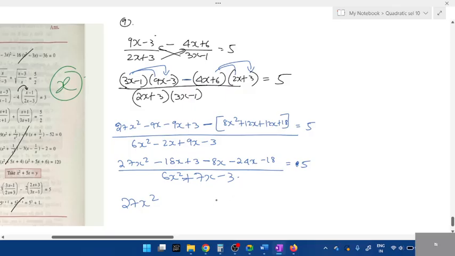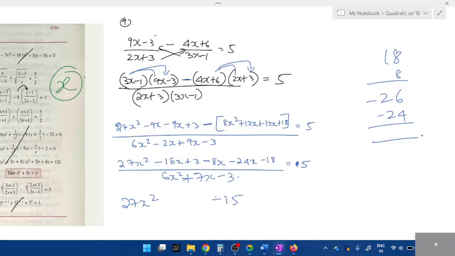How much did you get? How come 42? How much is 18 plus 8, students? 26? Minus 26 minus 24. Is it minus 42 or minus 50? Isn't it minus 50?